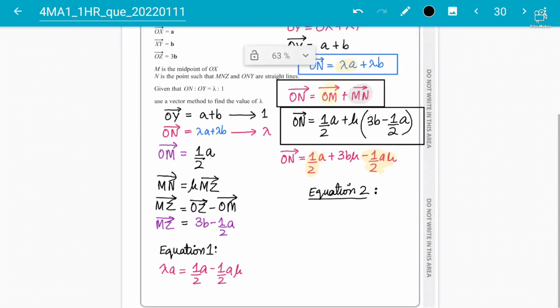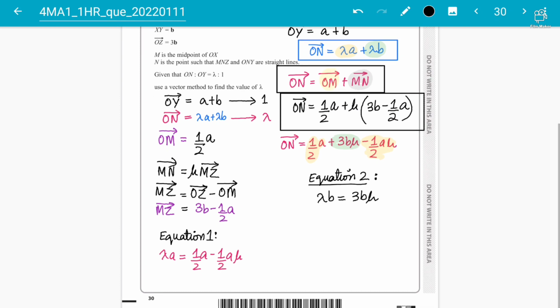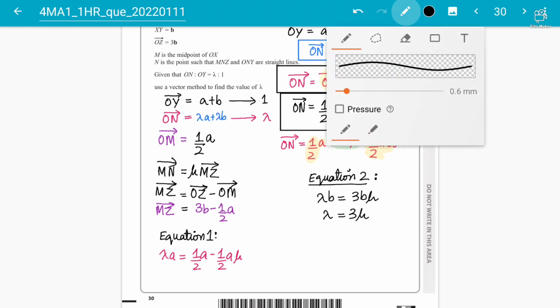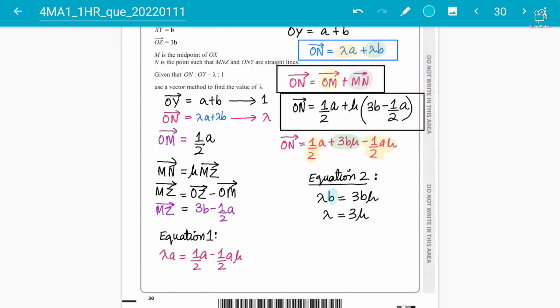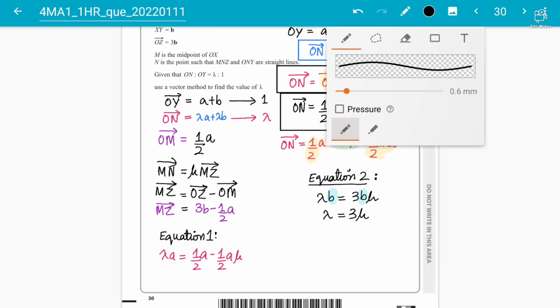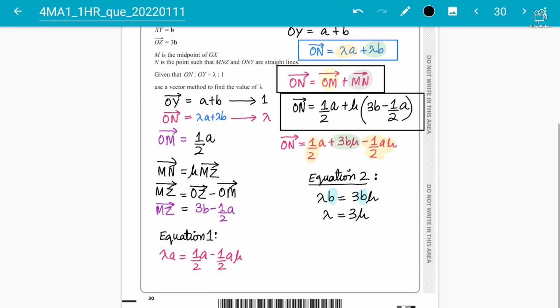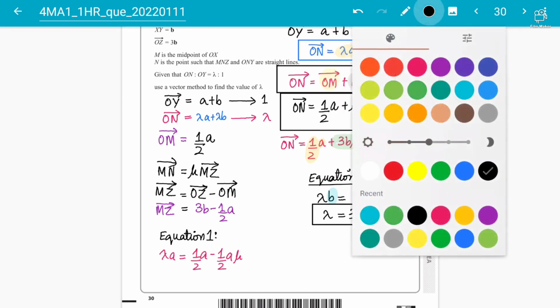Equation number 2, in the green colour: lambda b is equal to 3b mu. So lambda b is equal to 3 times b of mu. The b cancels out, so lambda is equal to 3 times mu. That's the good equation that we got from there. Hope everyone got this. This should be in the bracket: lambda is 3 times mu.